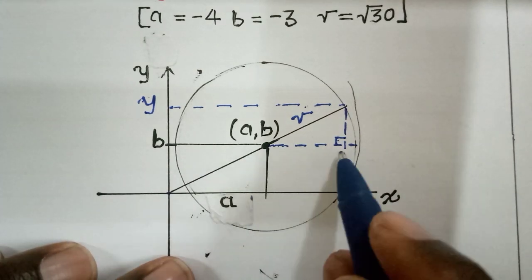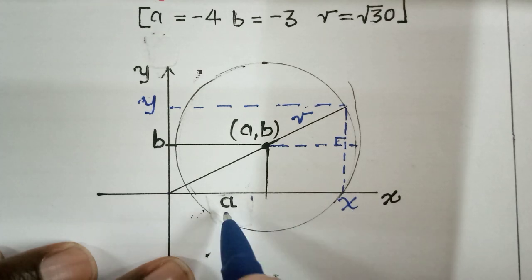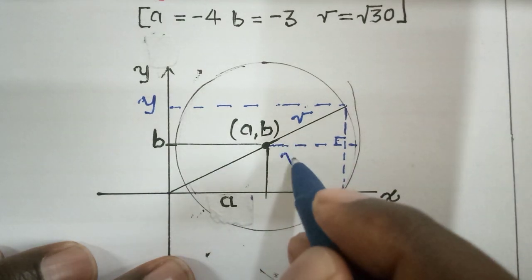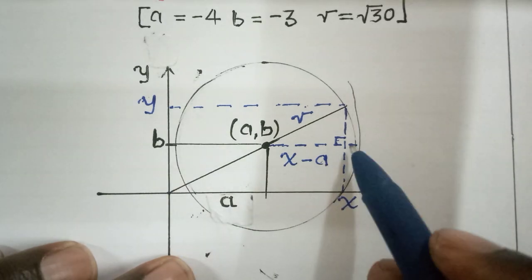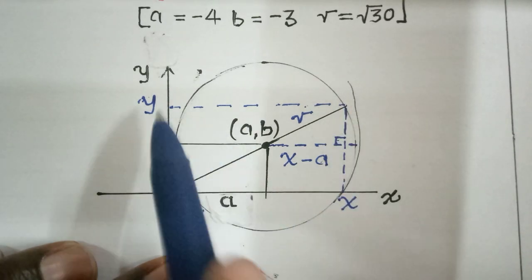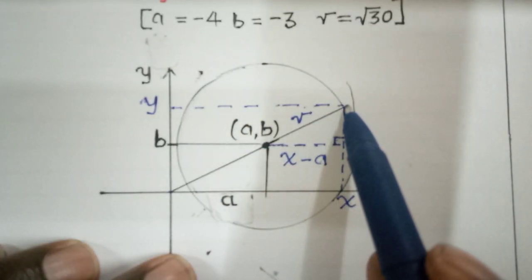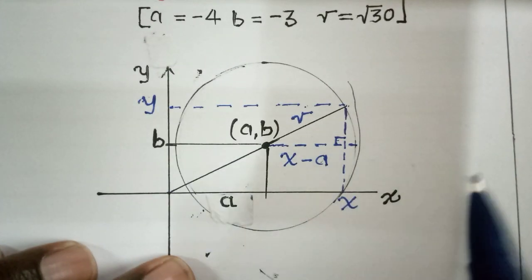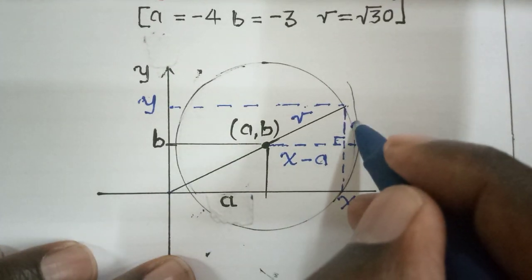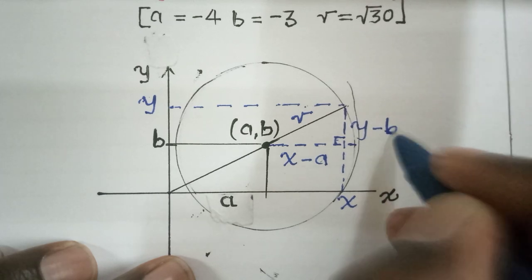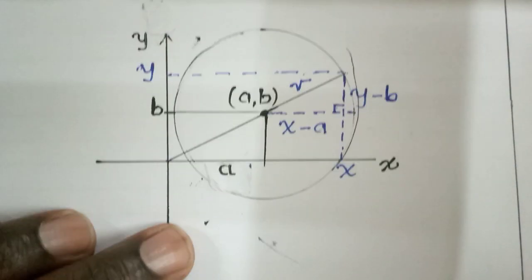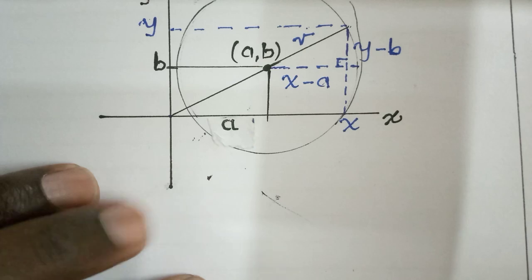From here to here is x minus a. So I write here x minus a. And then from here to here, because this up to there is y, then up to here is b, this one is going to be y minus b. Now we can find the radius.